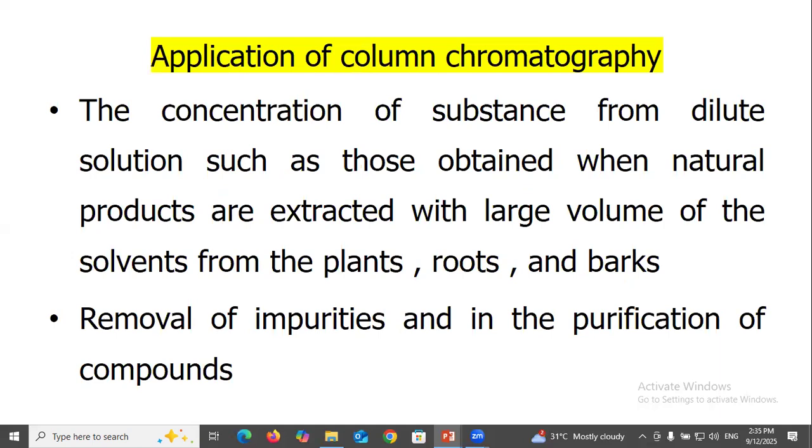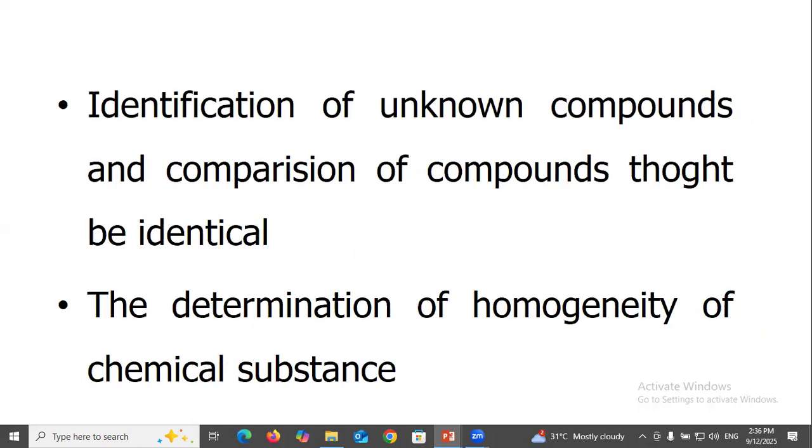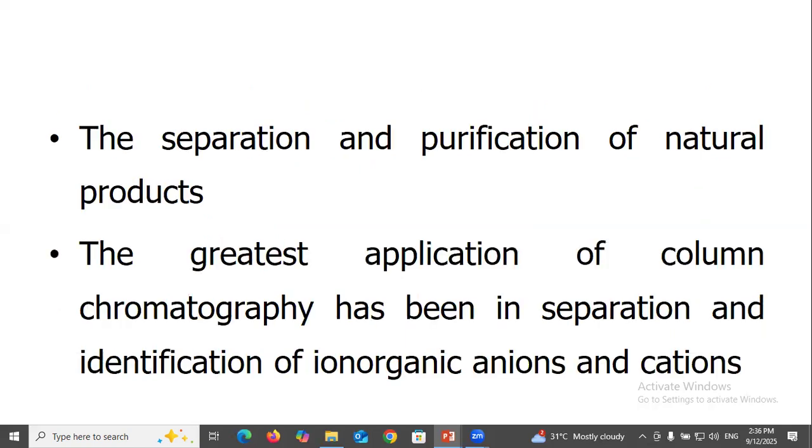Applications of column chromatography. The concentration of substances from dilute solution, such as is obtained when natural products are extracted with large volumes of solvents from plants, roots, and barks; removal of impurities and purification of compounds; identification of unknown compounds and comparison of compounds thought to be identical; the determination of homogeneity of a chemical substance; and the separation and purification of natural products.